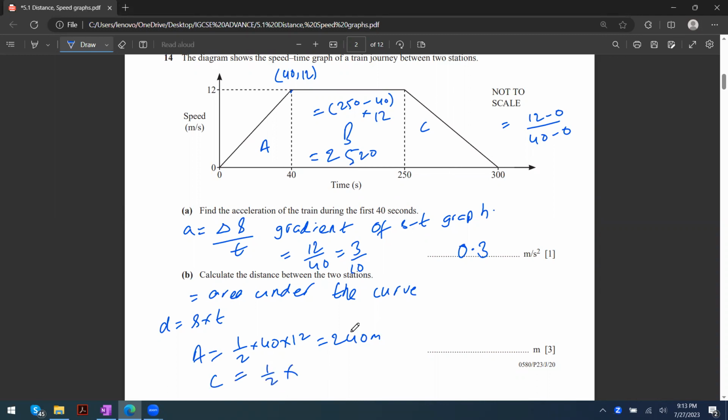Base is 300 minus 250 and height is 12, so this is 300. Now we can just add them: 240 plus 2520 plus 300.